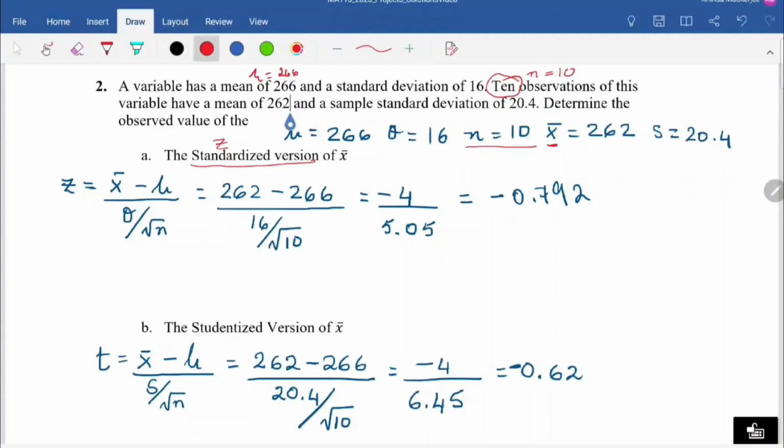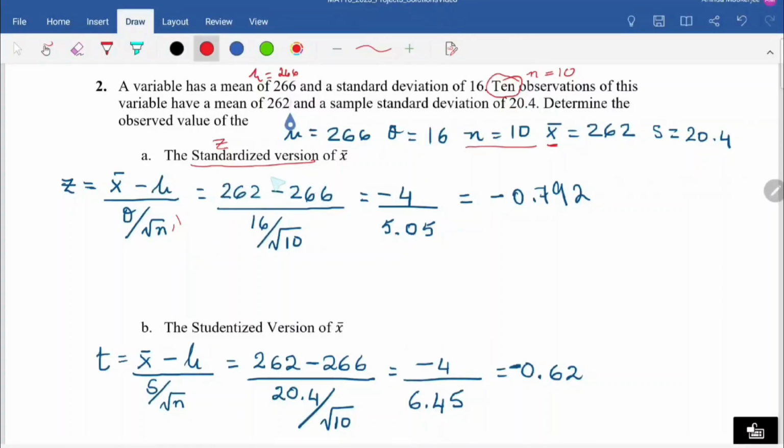Please do not use the Z formula without factoring in the sample size. Whenever our observations refer to X bar instead of individual values of a population, we have to use this particular formula, X bar minus mu over sigma divided by square root of n.